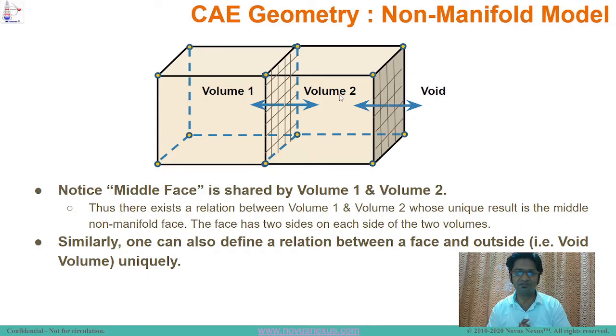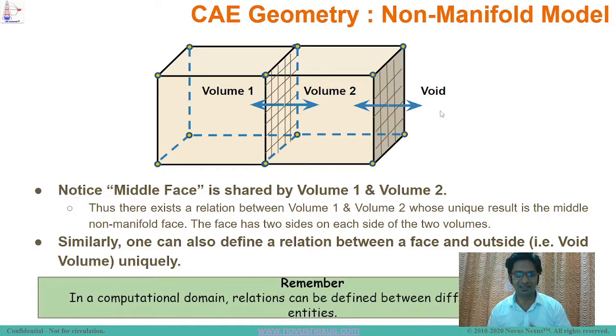That common face, we can say, is the relation of these two volumes. Similarly, one can define a relation between this face and the outside region, that is the void region. Just remember that in a computational domain, relations can be defined between different geometrical entities.